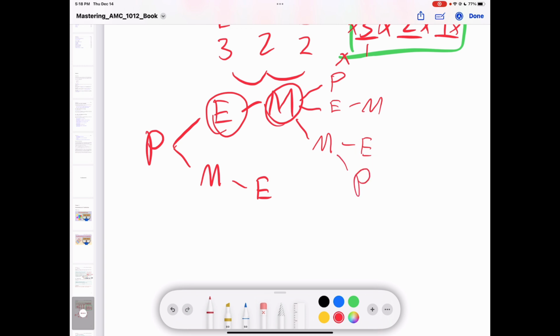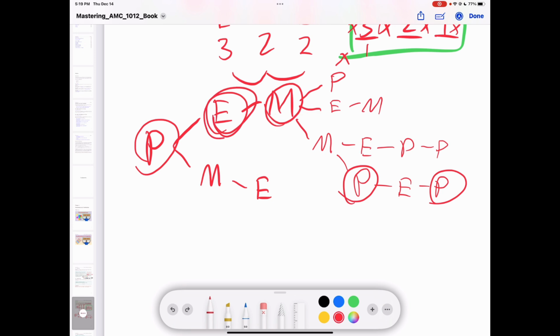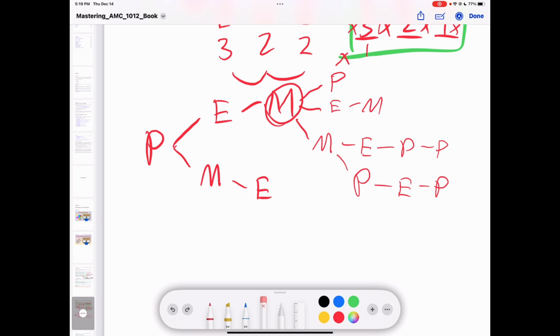So M or P, and then if this is E, this is P, this is P, this is E, and then this has to be P again, right? 1, 1, 1, 2, so it has to be either E or P. E, P, E has to be P, this has to be that, and this goes to P again. Alright. So counting, this is 1, 2, 3 P's, 1, 2, alright, that makes some sense, to me at least.